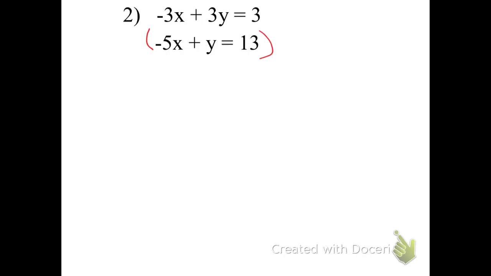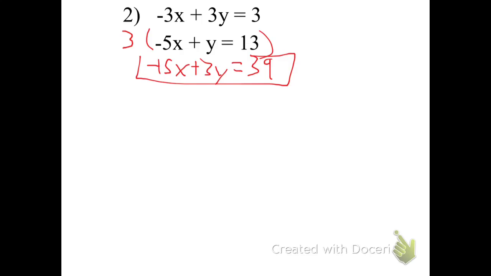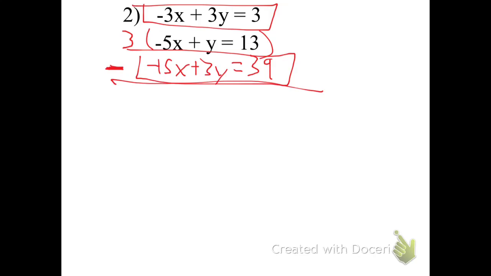So to do elimination, I'm going to multiply this entire equation by 3 to get -15x plus 3y equals 39. Okay. Now that I have this equation, I'm going to take the top equation and subtract this bottom one here. And that subtraction is going to get rid of the y's, because now they both have a coefficient of 3.